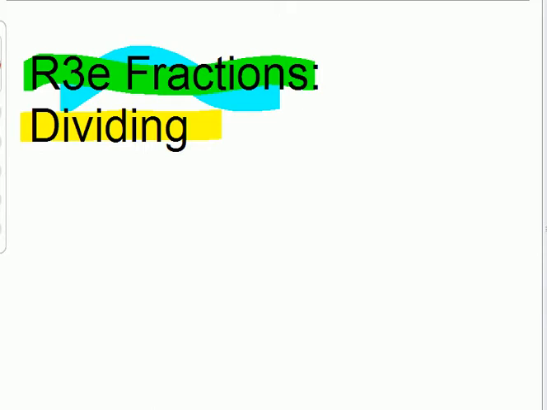Okay, let's get started. Before we even start, I'm going to give you a basic idea in math that will serve you over and over, and this idea doesn't just apply to fractions but to many things in math.